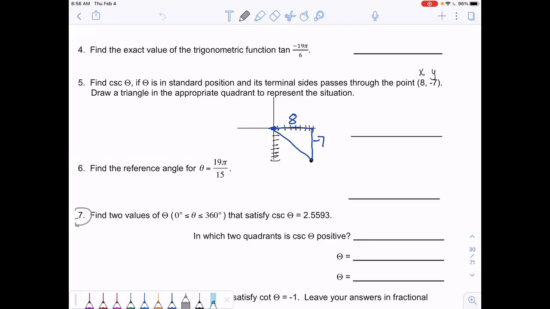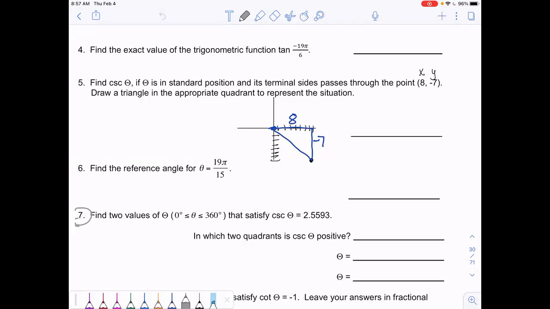When you're drawing a triangle in the appropriate quadrant, make sure that the angle comes out of the origin, because an angle in standard position, like the hypotenuse of the triangle, that's the radius of the circle. There's really the invisible circle spinning around here. But make sure your angle, being in standard position, must come out of the origin.